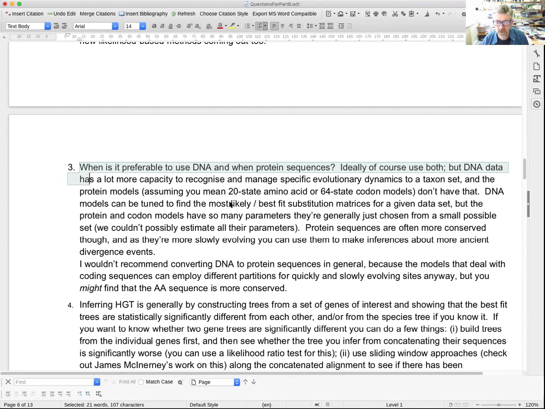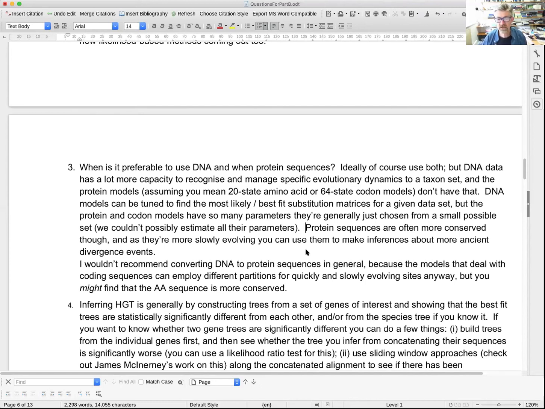Having said all of that, which is essentially saying that DNA is a better choice when you're doing taxonomy and phylogenetics, you might find that you're after some divergence time for a really anciently derived taxonomic group. So you're after something that evolves very, very slowly, and protein sequences can be more conserved than DNA sequences.